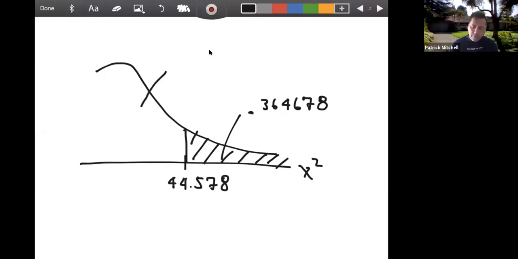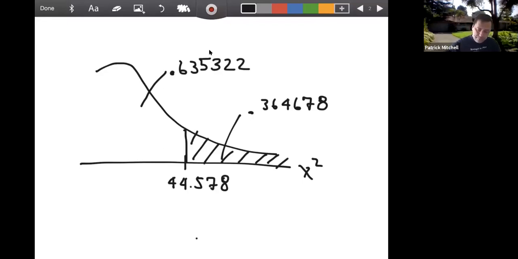Because that value is 0.364678, that means the area to the left would be 0.635322. Now, if the website had given me that value, I would have needed to subtract that from 1 to get the value that is smaller than 0.5, okay?